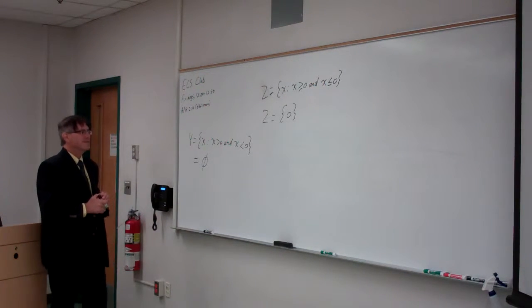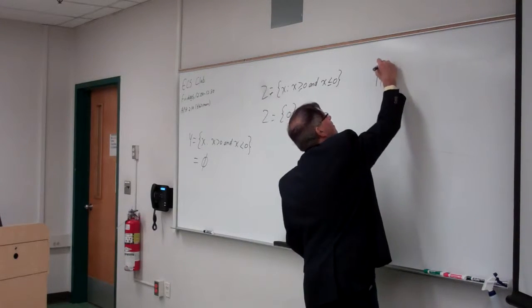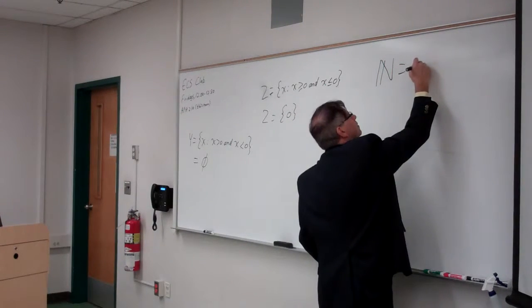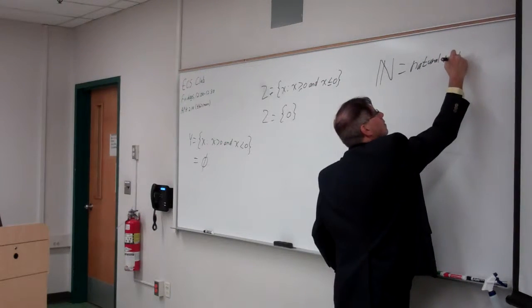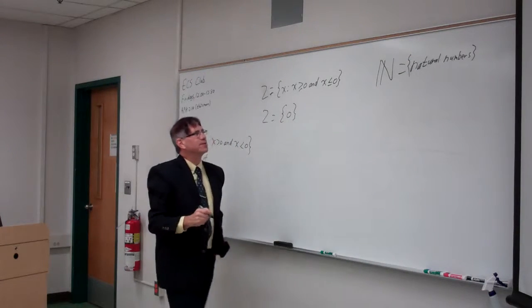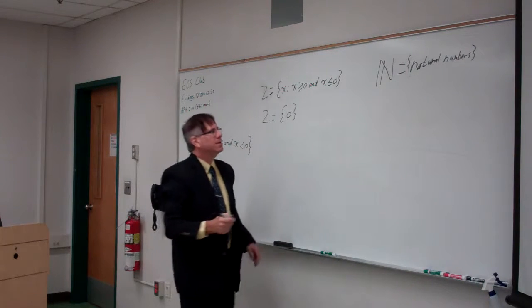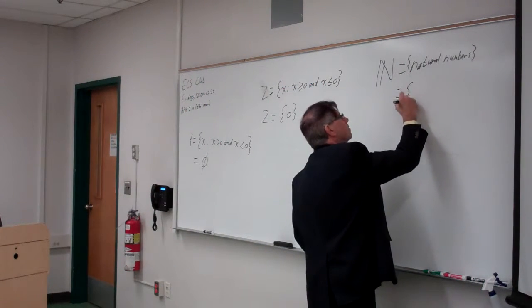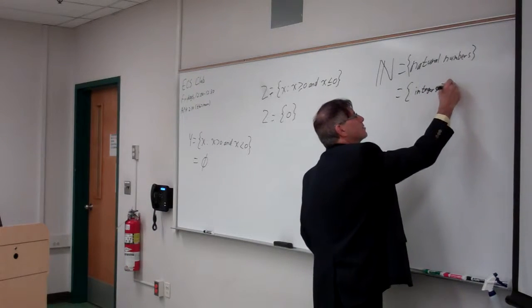And so we have some sets that we'll encounter again and again. This funny looking N is called the set of natural numbers. And this is integers bigger than or equal to 0.